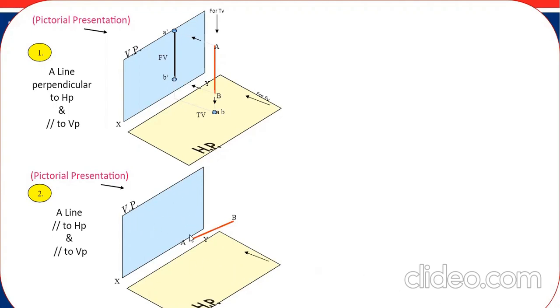So this is front view. Suppose the observer is exactly here, then the front view of line AB we get on the VP, vertical plane, as a straight line. Now this is the front view, and in top view, A dash B dash, A and B, top. So this is the top view, if the line is parallel to HP and parallel to VP.